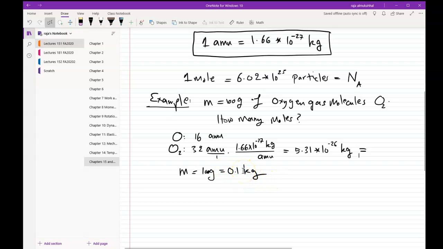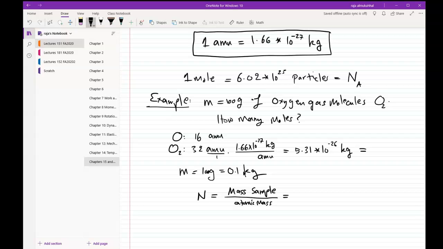One way to do that is to say that the number of particles n is equal to the mass of the sample that I have divided by the atomic mass, of course the atomic mass of the oxygen molecule here.